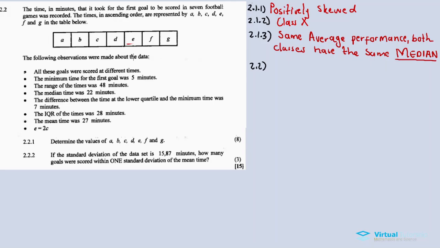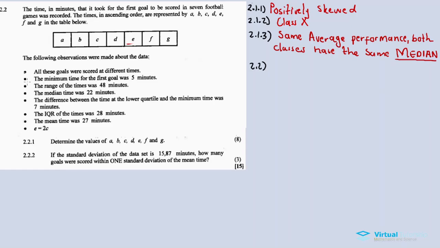It's not like for every football match the first goal was scored after 5 minutes. For every match, there's a different time when the first goal was scored.